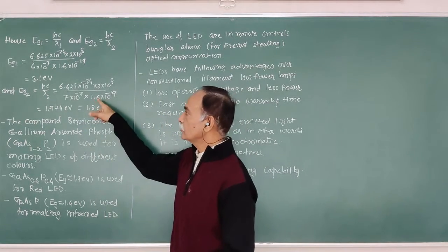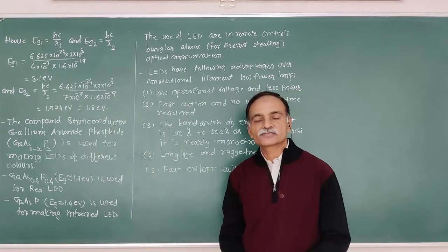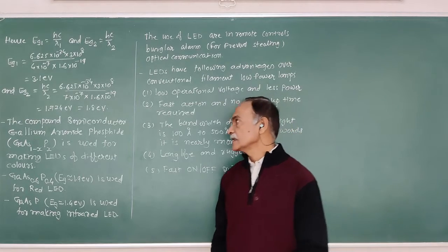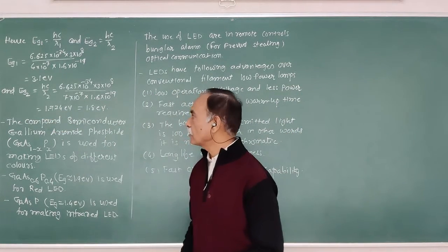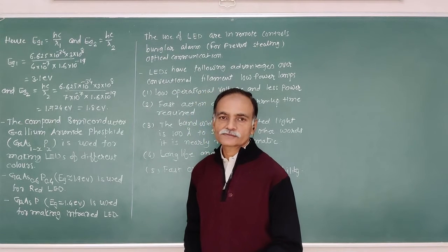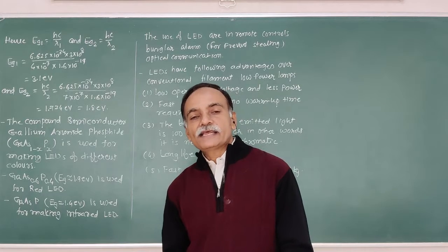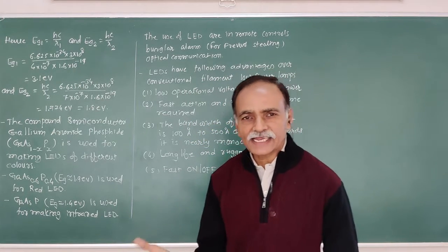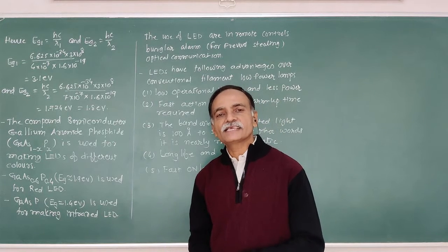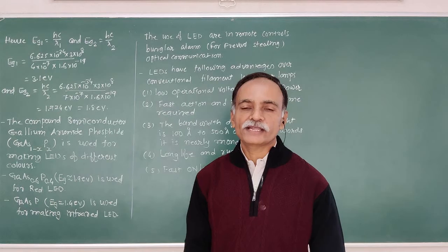Convert into electron volt, we have to divide by 1.6 into 10 to the power minus 19. Therefore we obtain 1.774 electron volt, therefore 1.8 electron volt. So whatever the light emitting diode should have slightly less than the energy gap, and its value is approximately 1.8 electron volt.